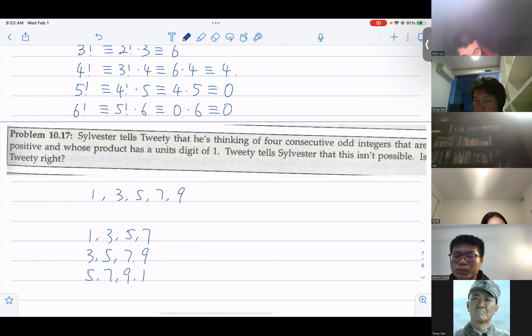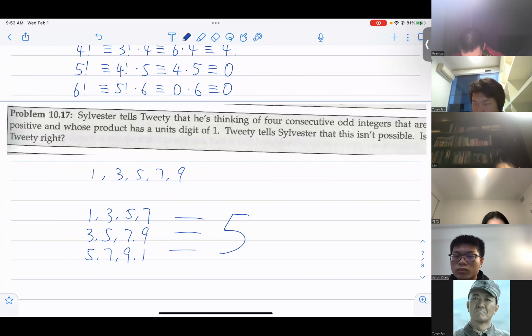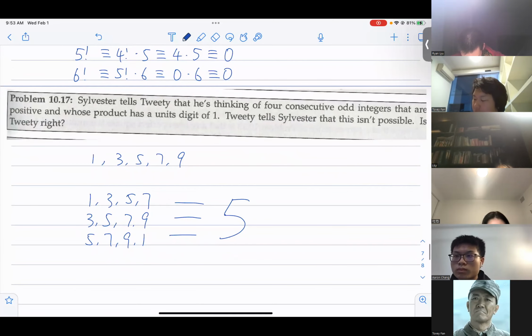But for these 3, obviously the unit digit is going to be 5, right? Because there's a 5 in it. 5 times whatever number, since they're odd, it has to be 5. If 5 times an even number, it's going to be 0, right? So these 3 are congruent to 5. Meaning that for these 3 scenarios, we have a unit digit of 5.